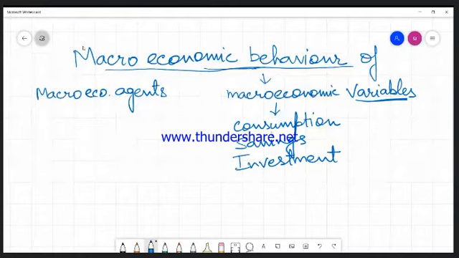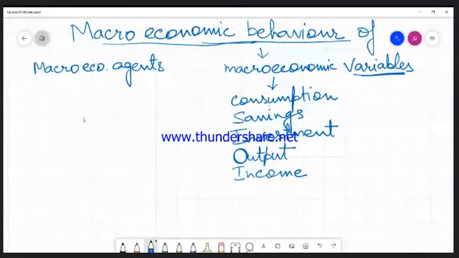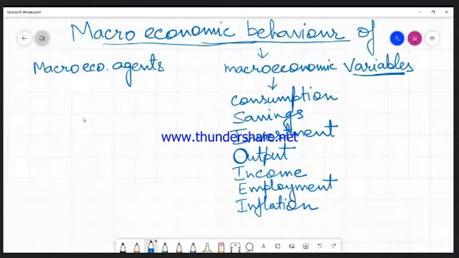So their behavior is related to consumption, it can be related to savings, investment, output, income, employment, inflation, and the list goes on.